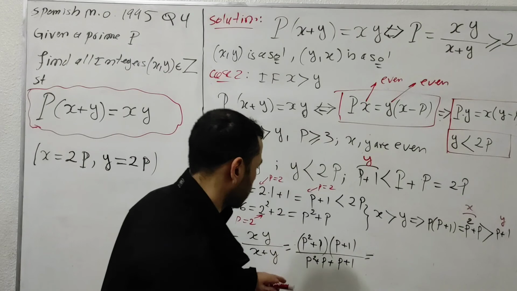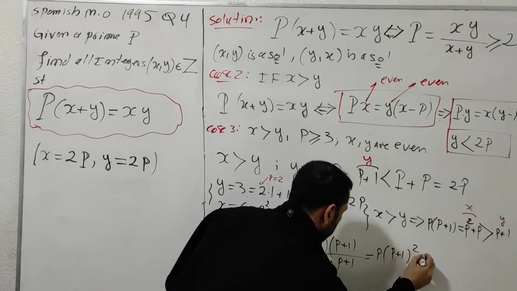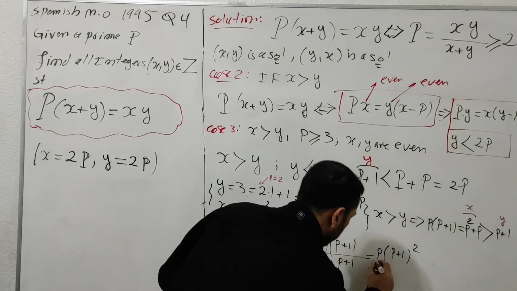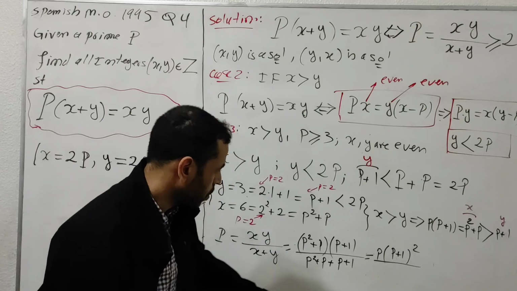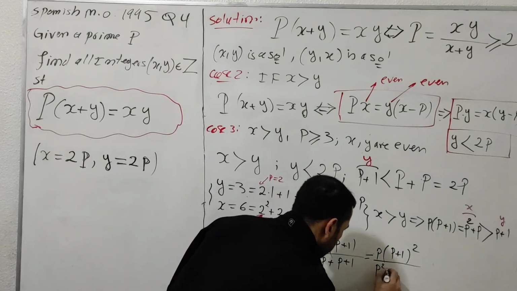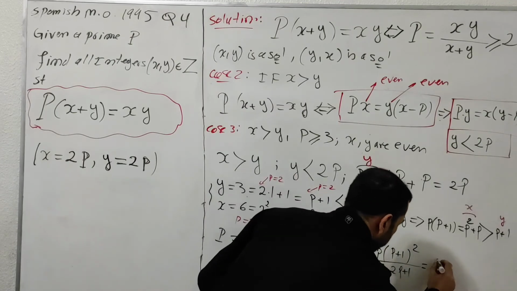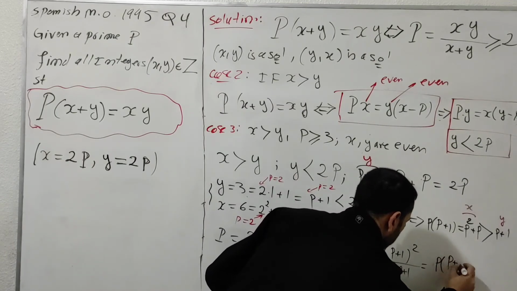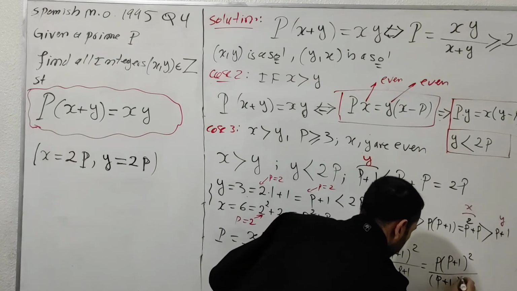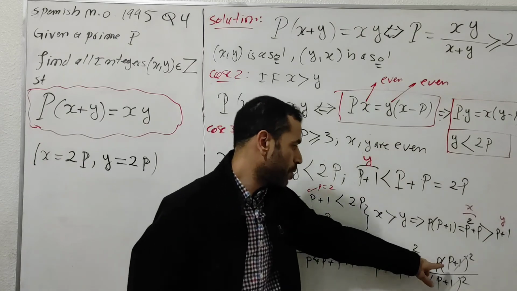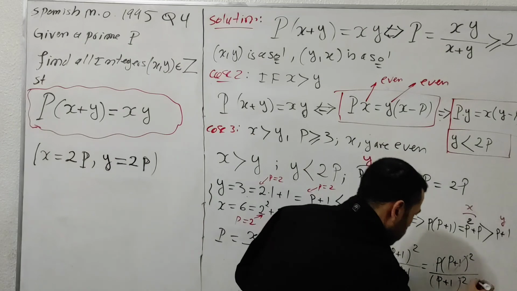By taking p as a common factor here, we'll get p plus p plus 1 squared. This is p squared plus 2p plus 1, which equals p multiplied by p plus 1 squared divided by p plus 1 squared. By simplifying p plus 1 squared from numerator and denominator, we'll get p.